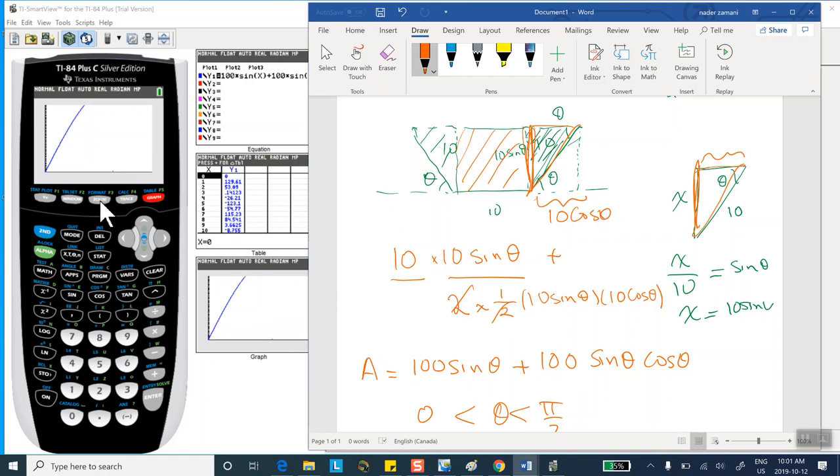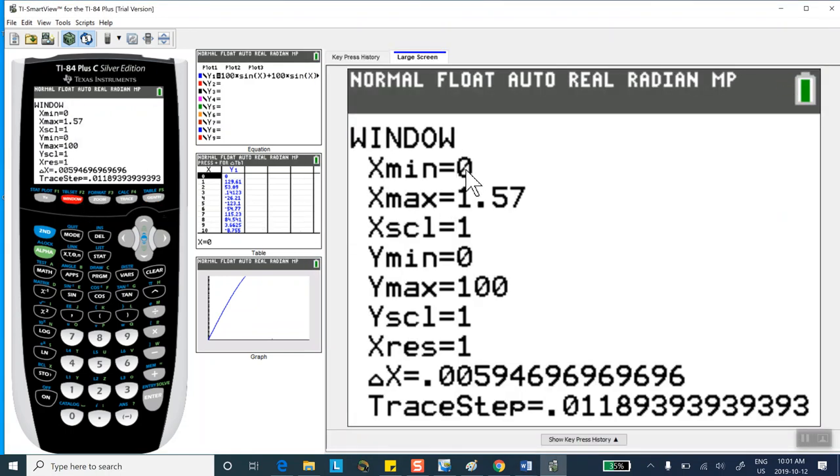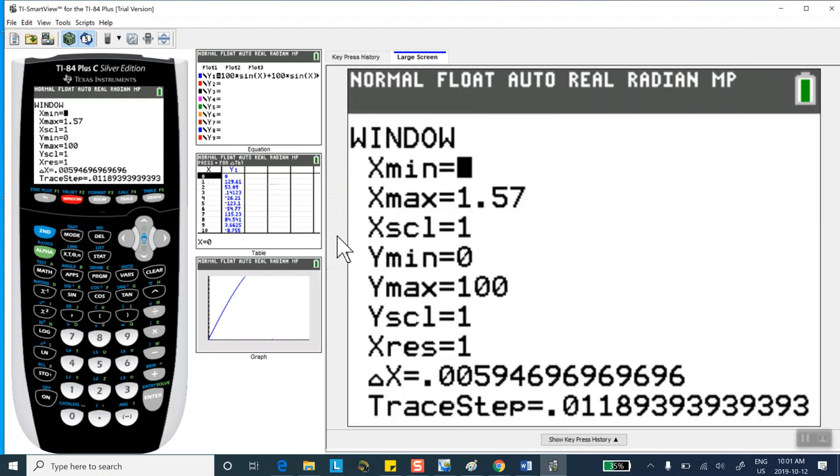I have a problem with my window here. Let me check my mode again. The mode is radian, which is good. So it's the window size, going from 0 to 1.57.